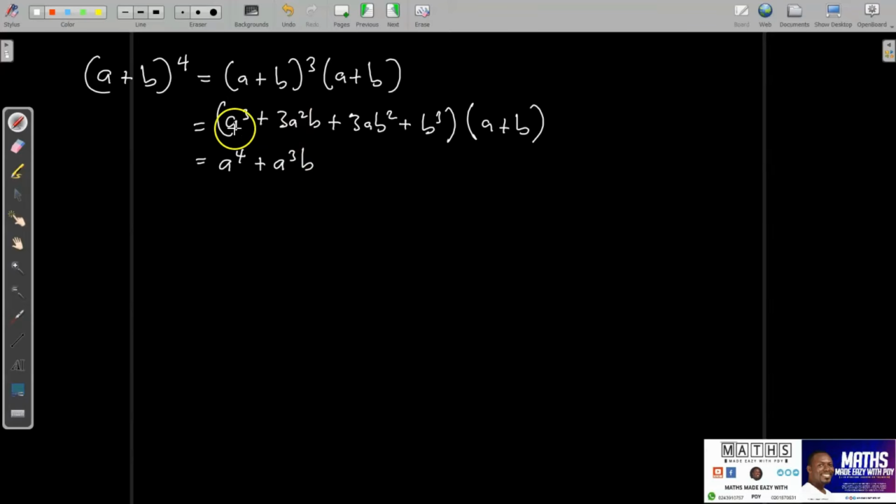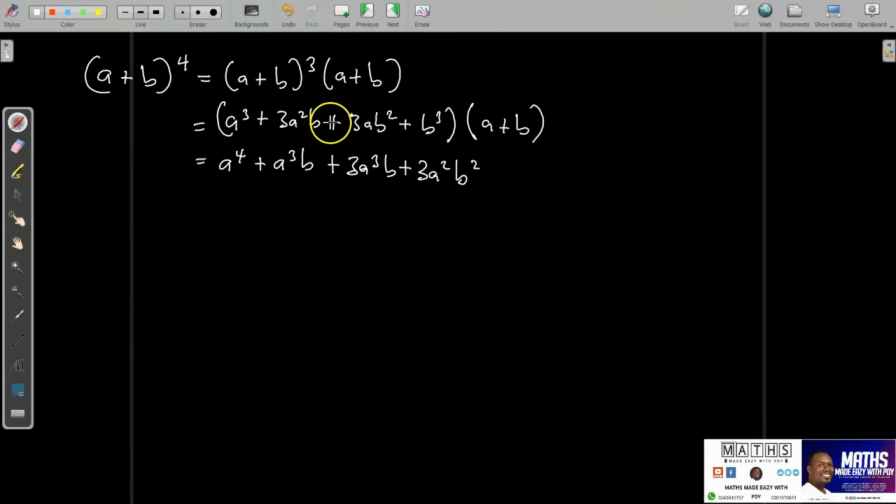Then we have exhausted the a cube distributed over a and b. So we go to the next step. 3a squared b will multiply a, that will give us plus 3a cube b, right? Yes, sir. Then we have 3a squared b multiplying b, that will give us plus 3a squared b squared. Does it make sense?